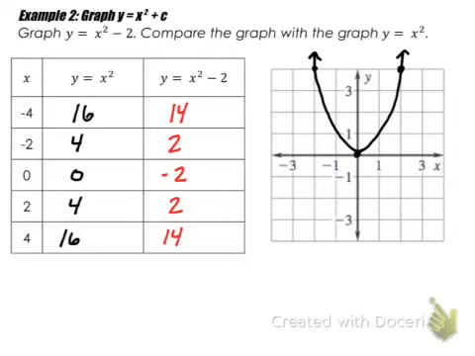So I'm going to graph those points in red. 14 is way too high, so -4, 14 is not going to be on this graph, but we know it's going to be way up here. But we can get -2, 2, and then we get 0, -2, and then 2, 2 again, and then 16, 4.